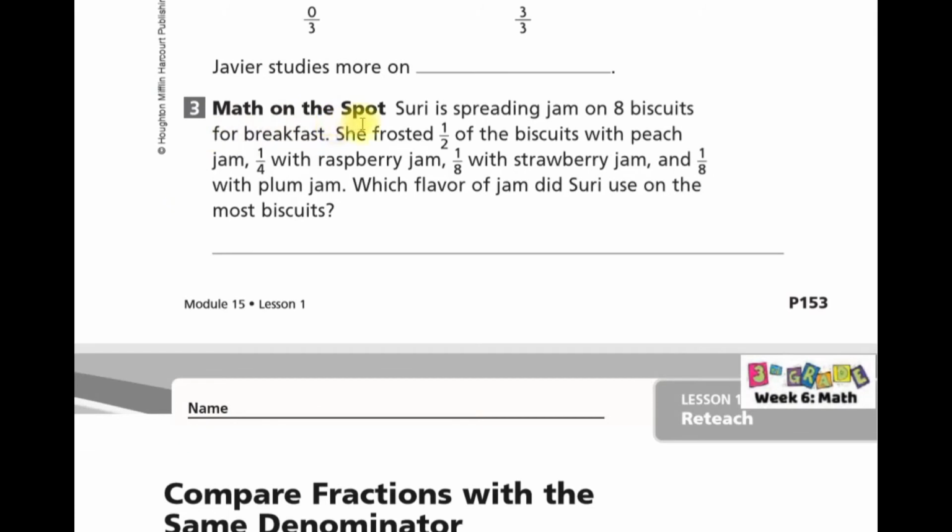Math on the spot. Suri is spreading jam on 8 biscuits for breakfast. She frosted half of the biscuits with peach jam, 1/4 with raspberry jam, 1/8 with strawberry jam, and 1/8 with plum jam. Which flavor of jam did Suri use on the most biscuits?